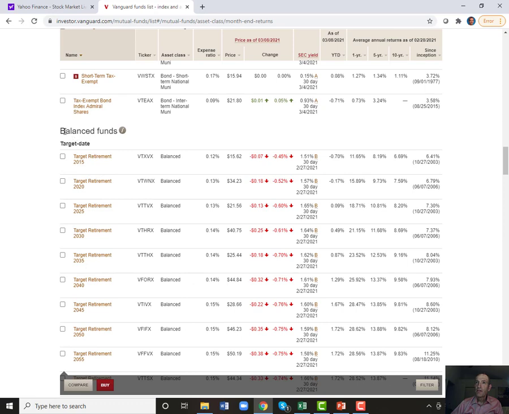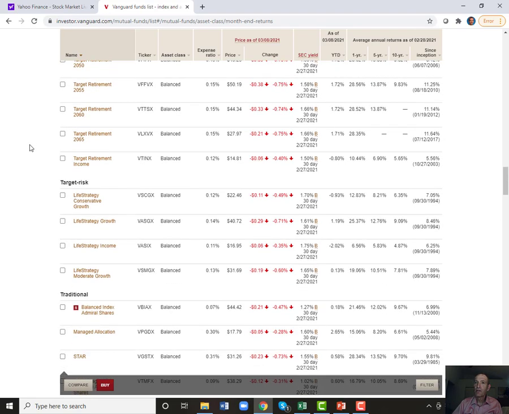So we are looking for balanced funds. Now we probably don't want target date funds. And the reason for that is target date funds change their asset allocation every year. So it's a moving target. And with style analysis, what we're trying to do is figure out their asset allocation. But if it keeps changing every year, that's going to make style analysis really tricky. Definitely a target risk fund would work.